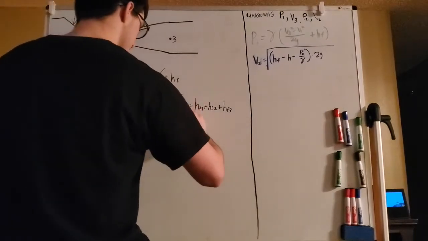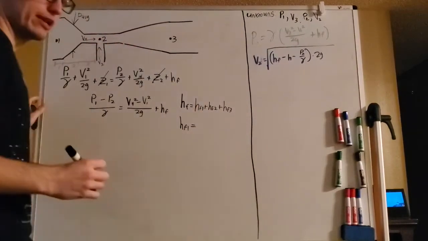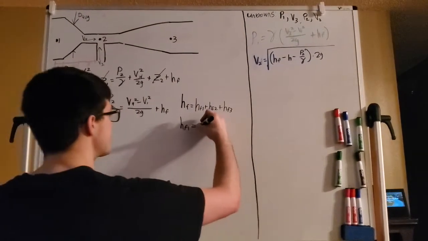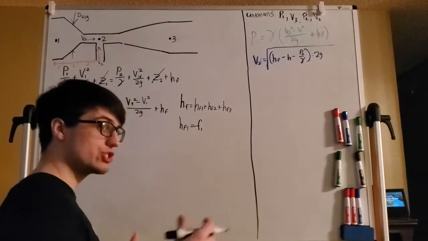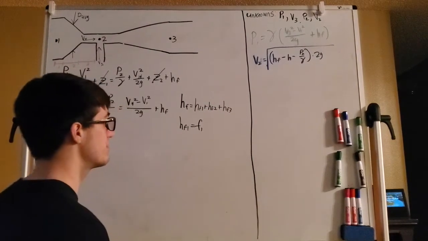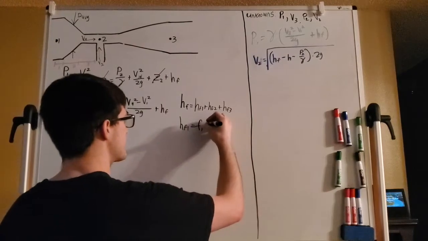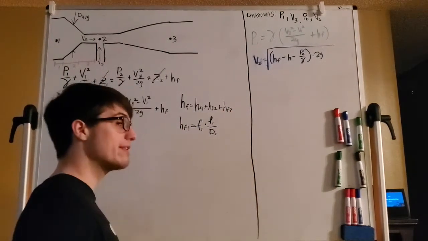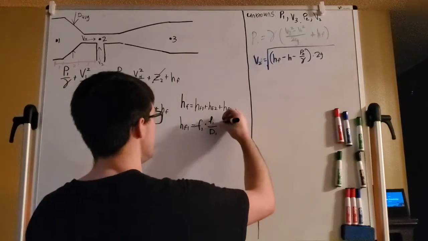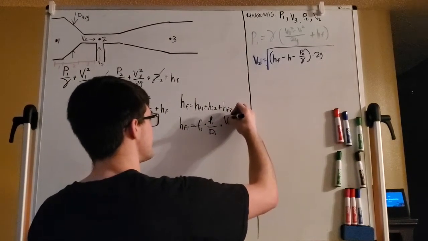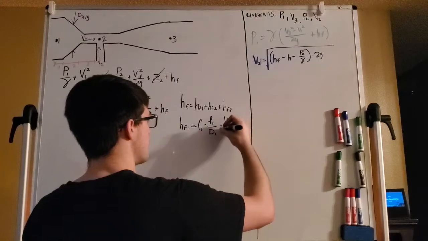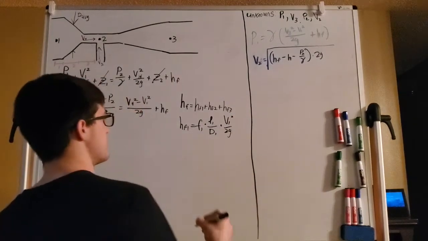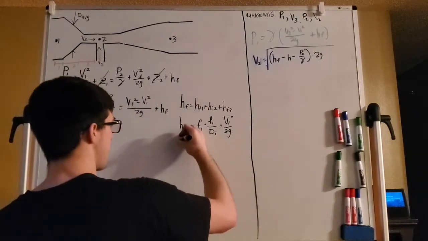To actually solve for each individual head loss, we have to look at the friction factor for each section, which is different for each section because each section has a different Reynolds number. So we multiply the friction factor by the length of that section over the diameter of that section, which might be the average diameter for section 2, times the velocity in that section squared over 2g.